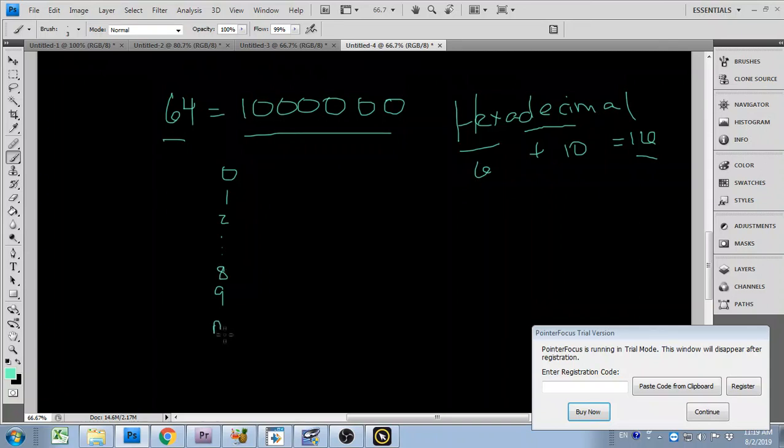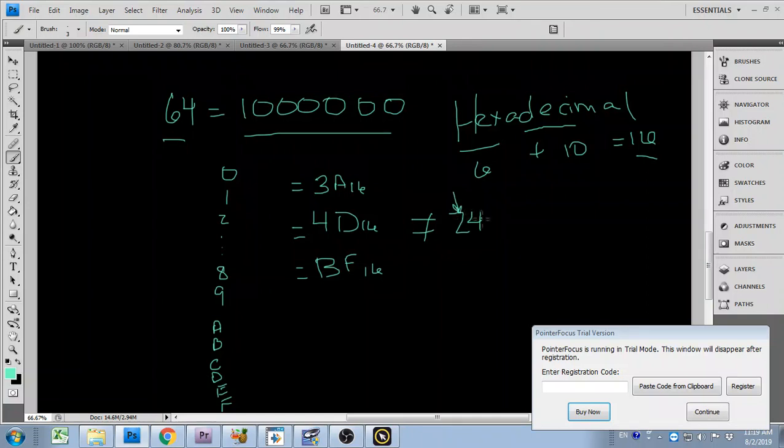So they use A, B, C, D, E, and F. Okay, and if you add it up, that is 16 symbols, which means it would not be uncommon to see an example hexadecimal value of 3A base 16, or 4D base 16, or even BF base 16. Now, you will not see Z4 because Zs do not exist, okay? So you would not see that. But these are all very common hexadecimal values.